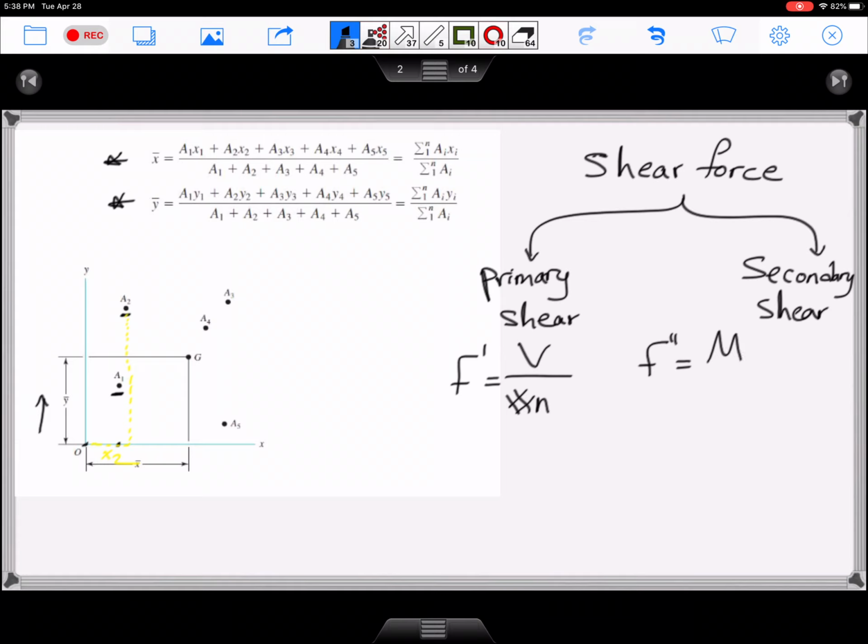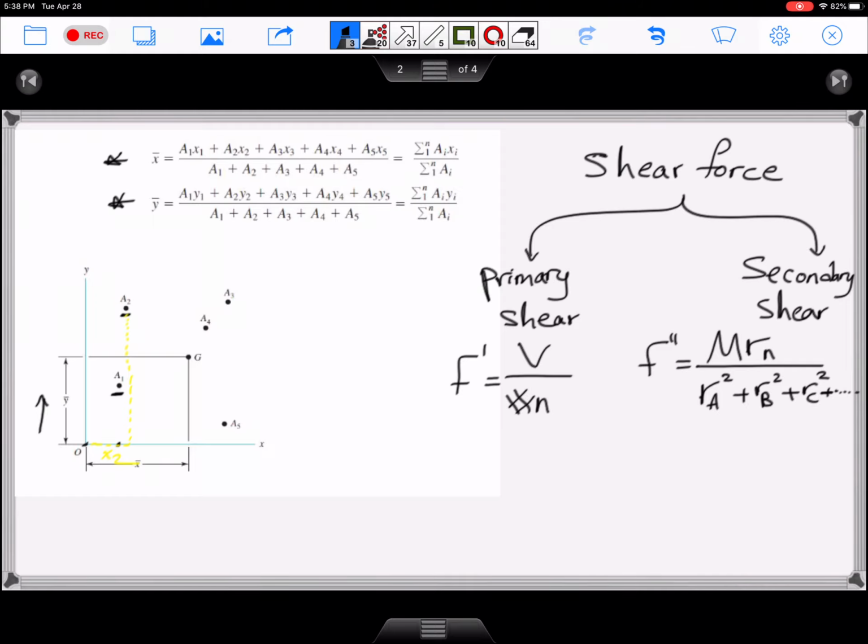It's going to be equal to M, which is the moment applied on this group of bolts, times Rn, n being the location of interest, or the bolt on which you're trying to find the secondary shear, divided by Ra squared plus Rb squared plus Rc squared, and so on.